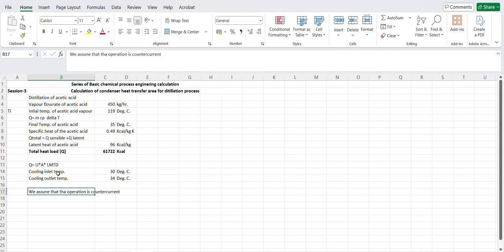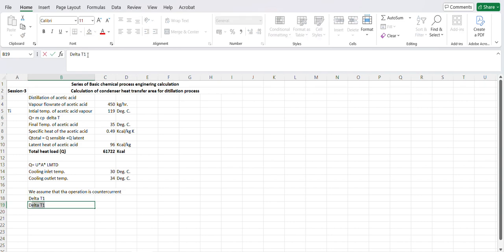In counter current we need to calculate delta T1 and delta T2. Delta T1 is process in minus utility out, and delta T2 is process out minus utility in.